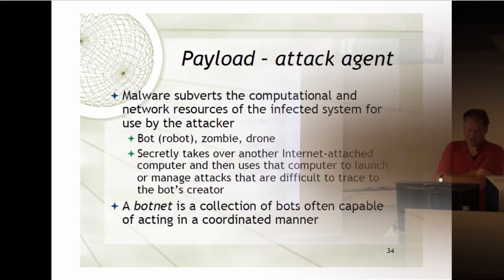So let's look at some of the typical examples of payload. An attack agent is a typical payload where we insert something that can turn that machine into a bot or a zombie or a drone. There are different names for it. That makes it possible to control it from outside. And why we would like to do that can be of different reasons.